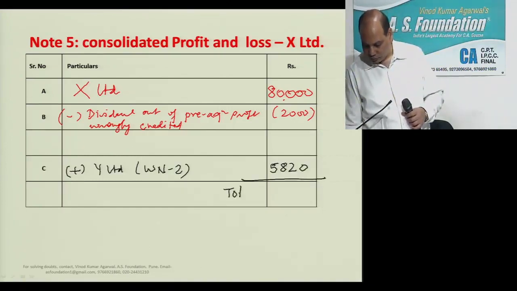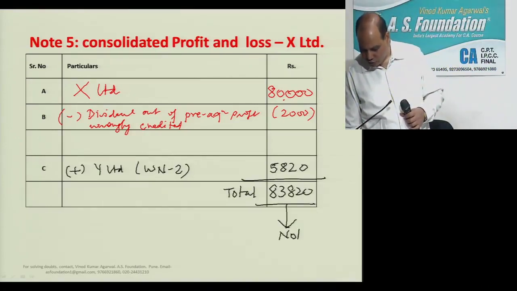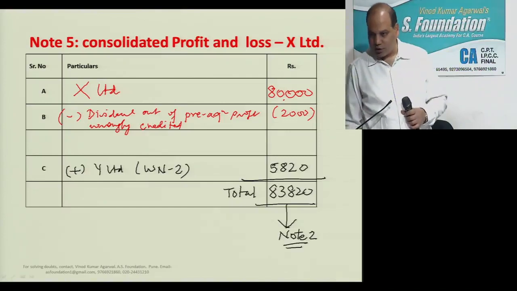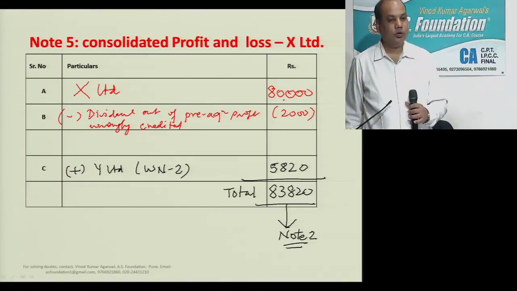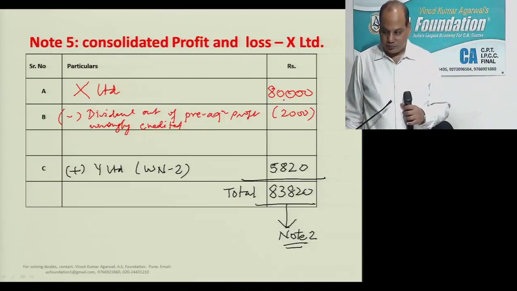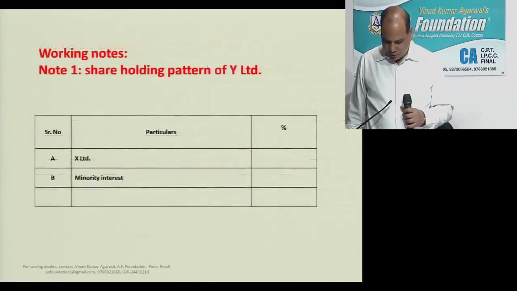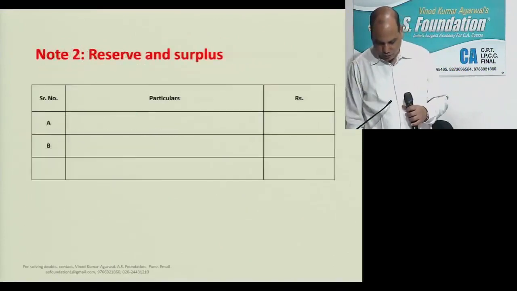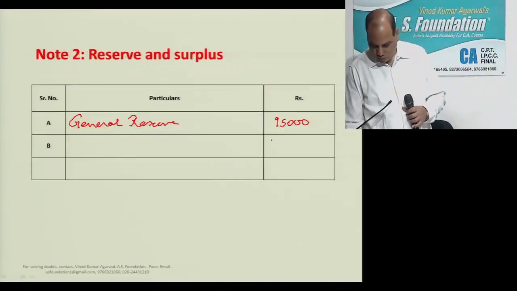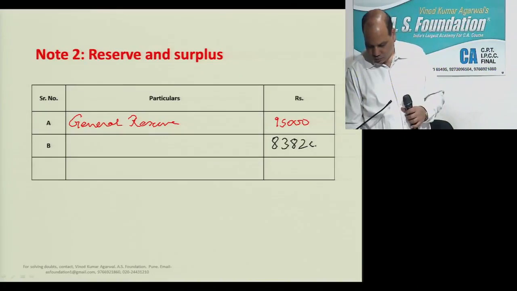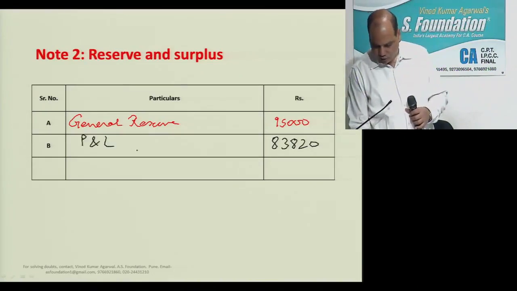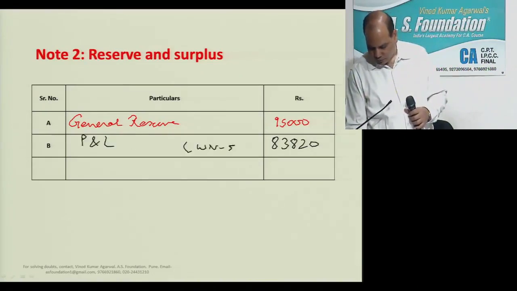Total 83,820. Where will you transfer this number? Note 2, reserve and surplus. What was that figure? 83,820. Right here, P&L account, working note 5.